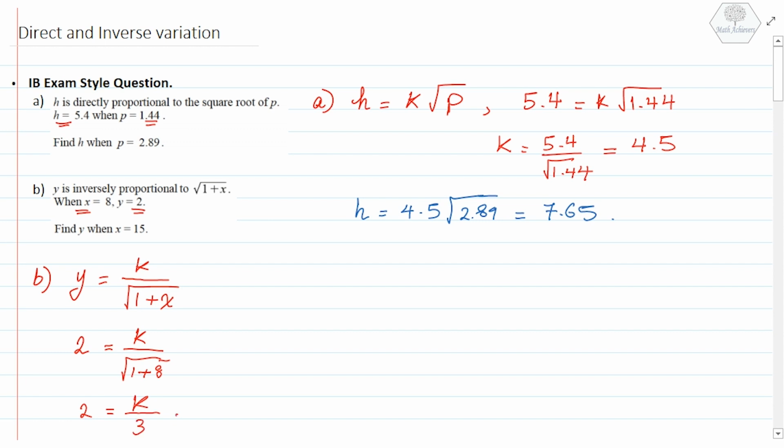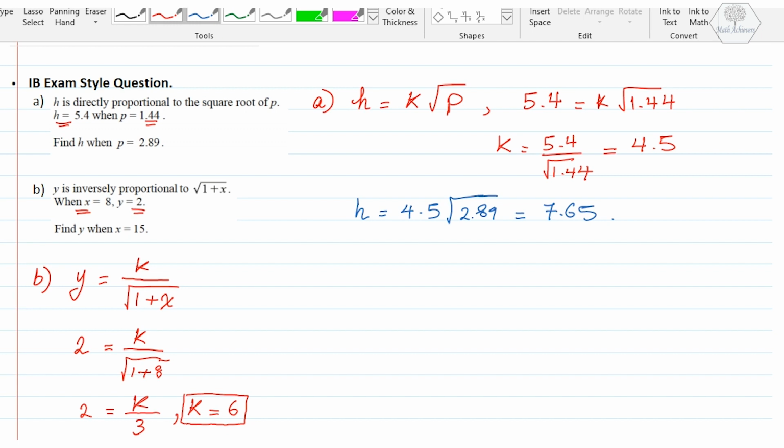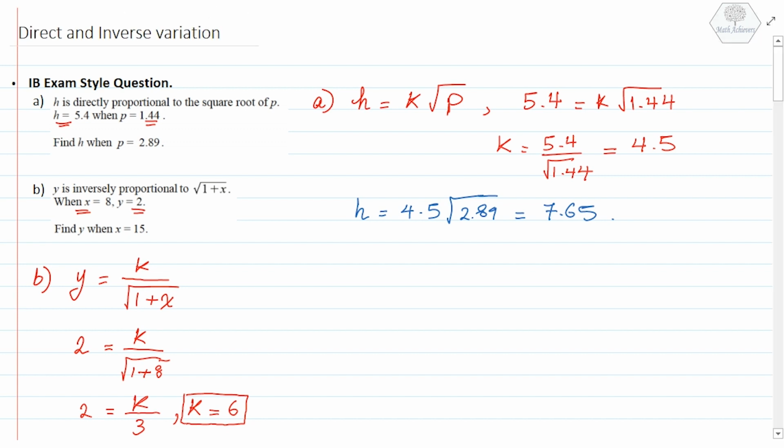So I have K to be equal to 6. Since I know that K is equal to 6, I can write my equation as y in terms of x. So I have y to be equal to 6 over the square root of 1 plus x.